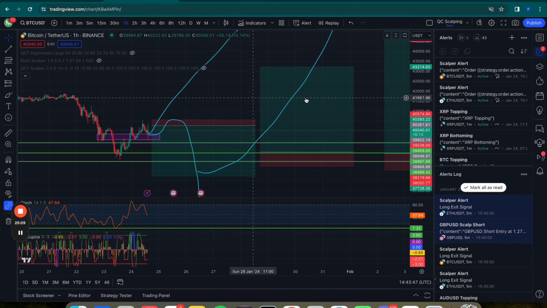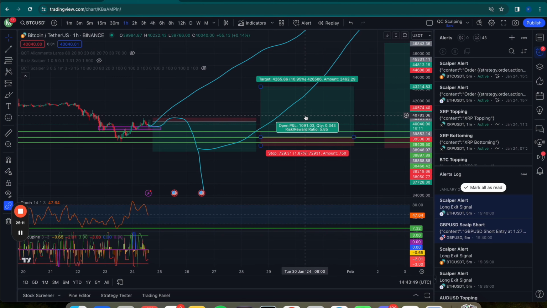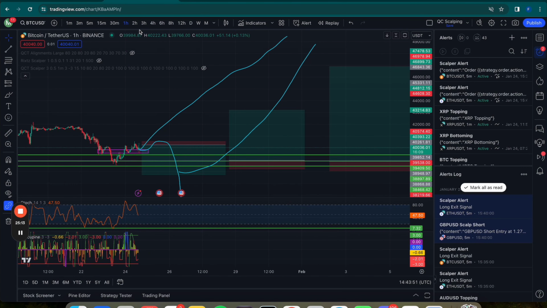So that's something important. Okay, so right now we looked at the stochastics. We have our higher time frames that are bullish, mid time frames that are bearish, and lower time frames that are bullish. So short term bullish, mid term bearish, long term bullish is what we see right now, right? This can change tomorrow. This can change 2 days from now. This can change 5 hours from now. But right now, this is what we see. So we build our scenarios based on that.